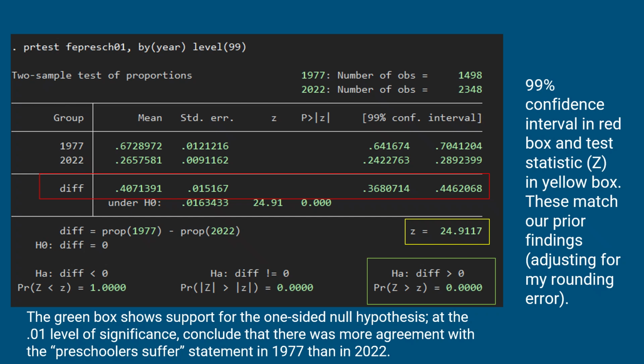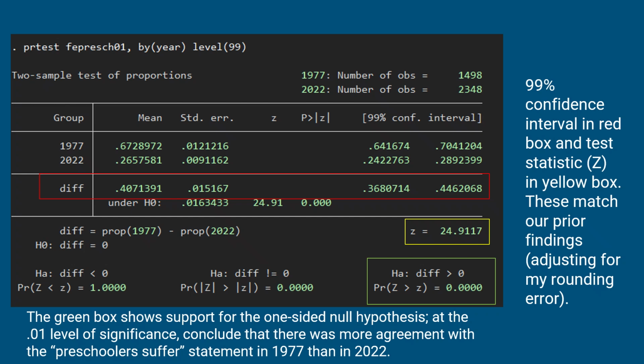So when we do that, this is what we saw hand calculated before. We get a difference between these two periods of about 0.4, and we see that the 99% confidence interval here ranges from 0.37 to about 0.45. So it does not include 0. That's our first indicator that at the 99% confidence level, we can be pretty confident that there is some true difference at the population level between these two periods.